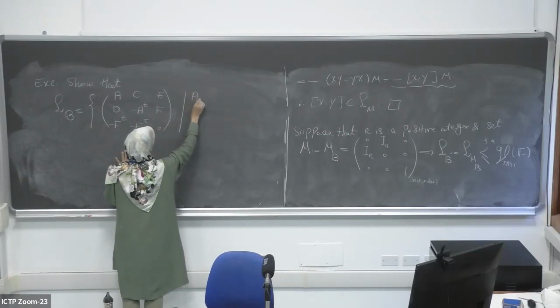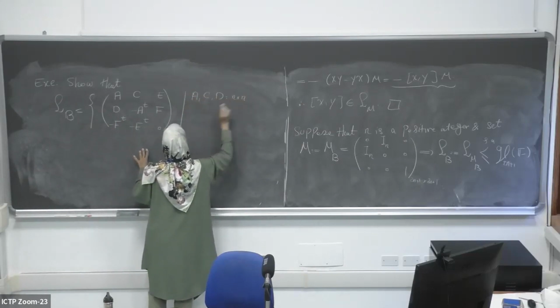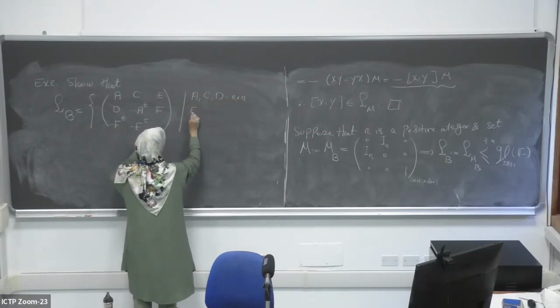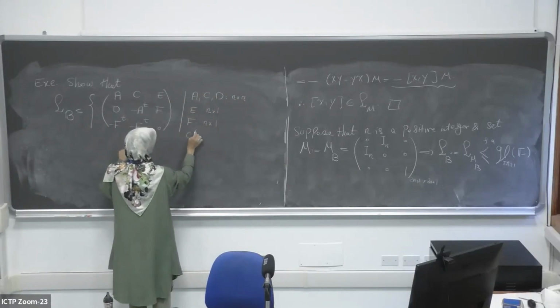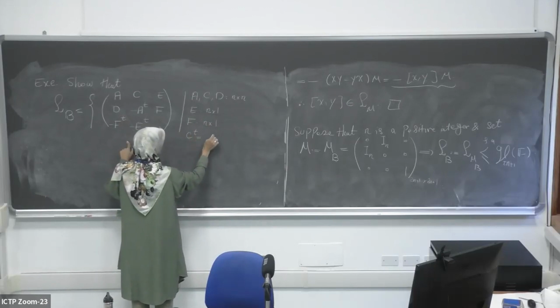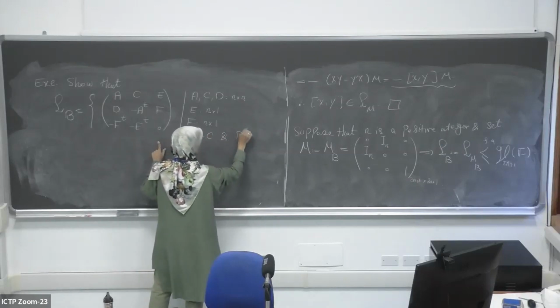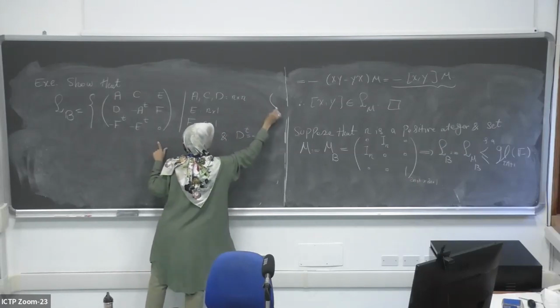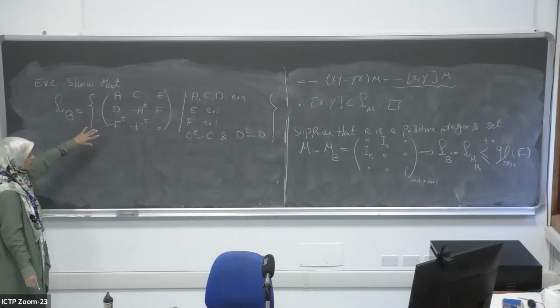Where A is an n times n matrix, E is n by 1, F is n by 1, B transpose equals minus B, and C transpose equals minus C. It's not hard.